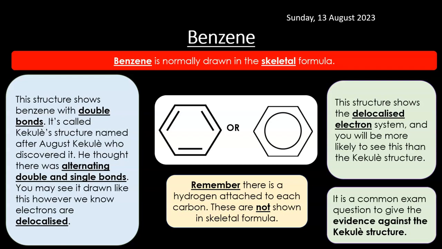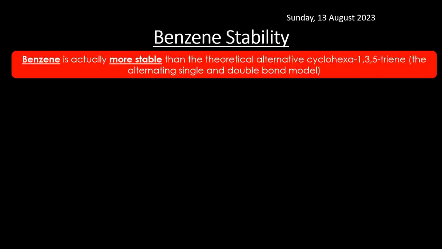And of course, it's quite a common exam question for you to give the evidence against the Kekulé structure, and we've already encountered 2 pieces of it: the lack of reactivity and the difference in the bond lengths. Well, of course, here's another piece of evidence.